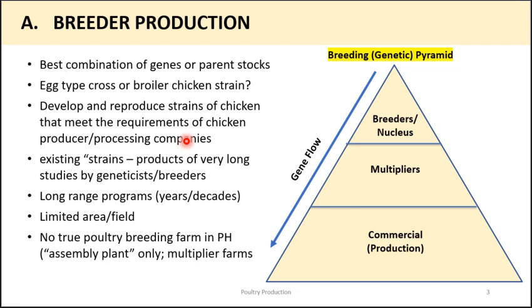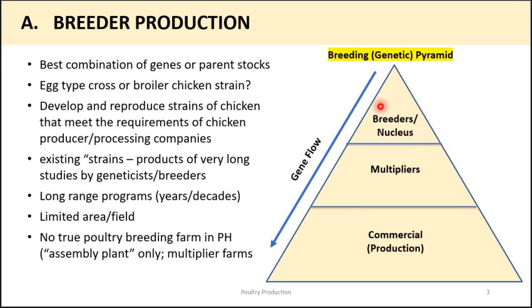And then, we have here a breeding or genetic pyramid, where we can see the breeding structure that is followed, or a guide used by breeders or geneticists. At the topmost portion, we have the breeders or nucleus farms, where the nucleus animals belong.